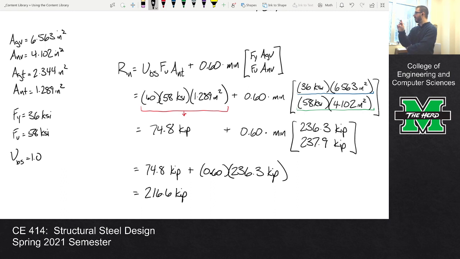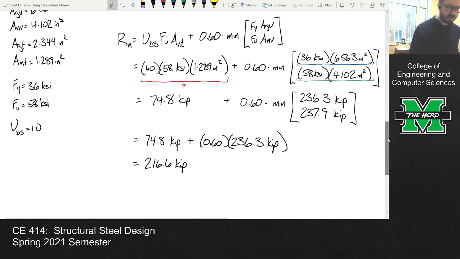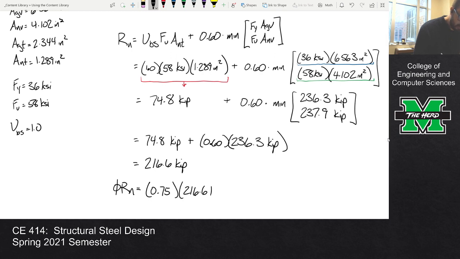There you go. Don't forget the phi value. This is a very easy thing to forget, that you go through this big old expression, but you forget that we're not interested in nominal capacity. This is LRFD. We're interested in design capacity. 0.75 times this. And so times 0.75, I'm getting that phi RN is 162.4 kips.